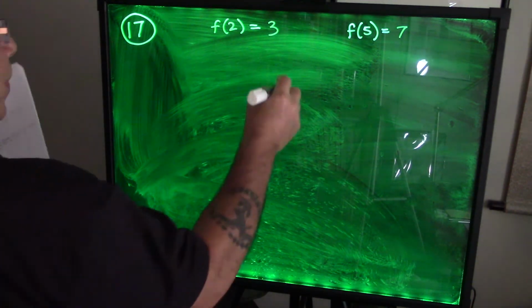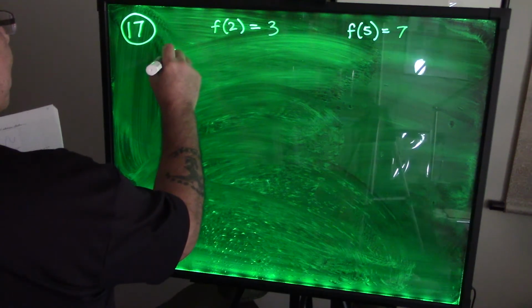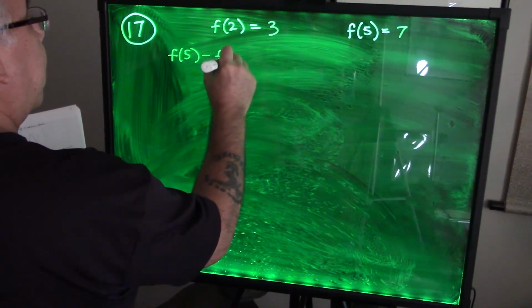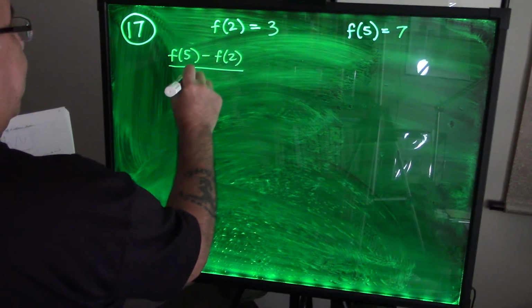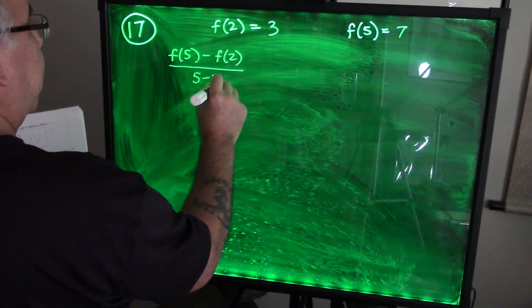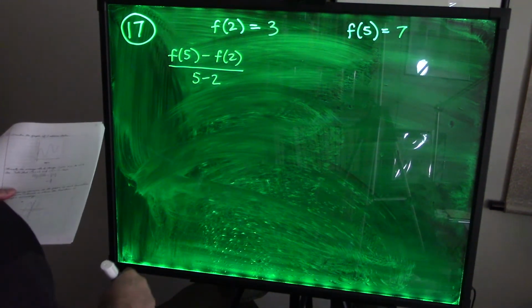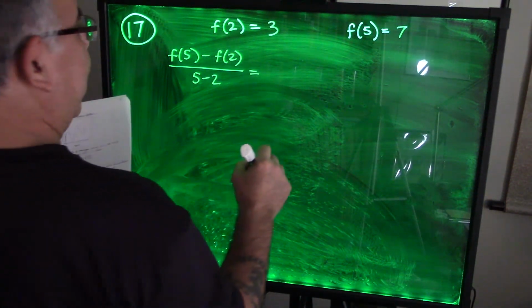Okay, so we have f of 5 minus f of 2 over 5 minus 2. That's the formula f of x2 minus f of x1 over x2 minus x1. Now we know what f of 5 and f of 2 are.